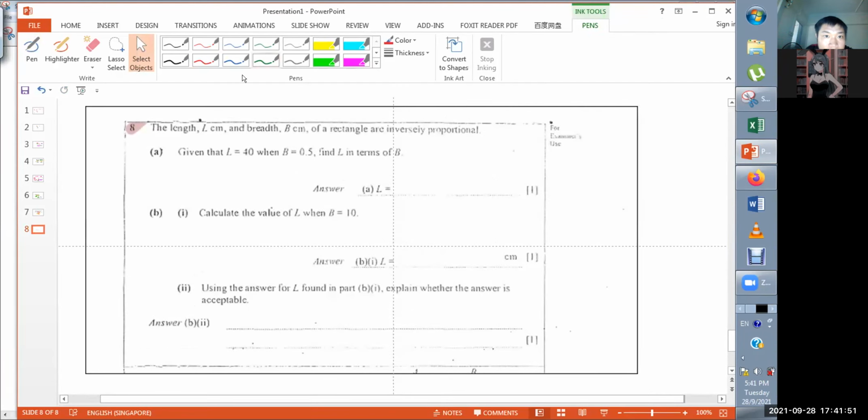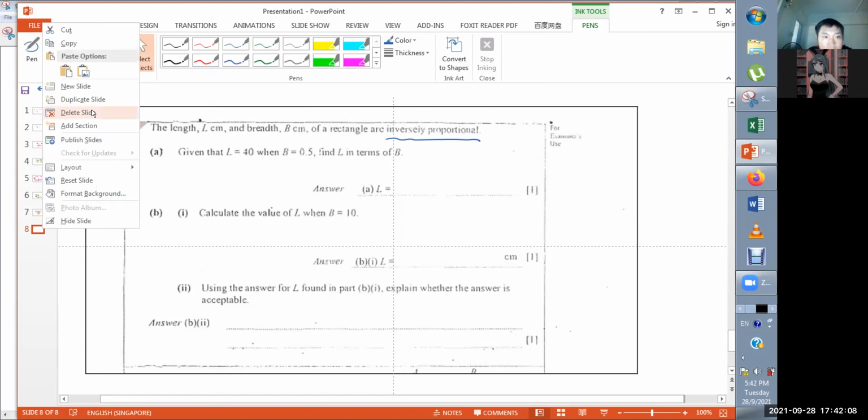Number one thing to note, this is inversely proportional. So for inversely proportional, what is the formula? Do you still remember the first lesson?